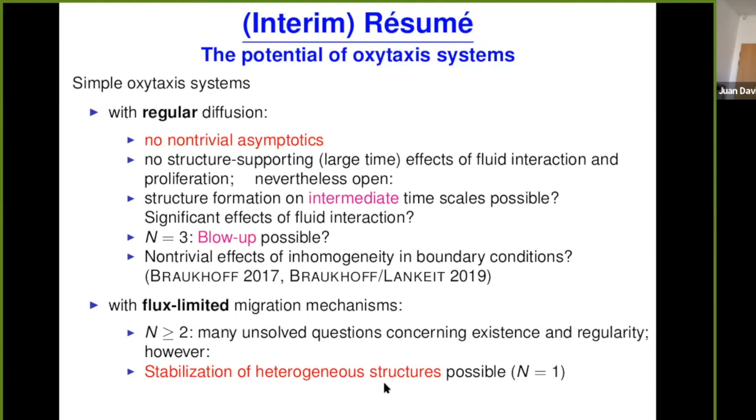And I think these models are also interesting from a mathematical point of view, because degenerate parabolic equations have been studied in a really huge literature. The porous medium analysis, or the fast diffusion analysis, has really seen many deep contributions.